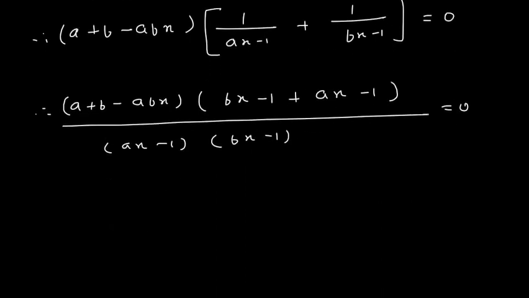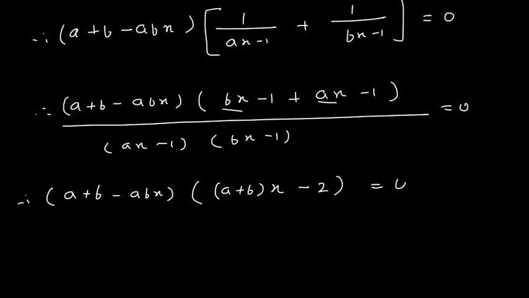So this denominator when we move on right hand side we will get 0. So therefore now I have a plus b minus abx in one bracket, and in other bracket if you see this bx and ax, you can write a plus b into x, and then this minus 1 minus 1 is minus 2, this is equals to 0.